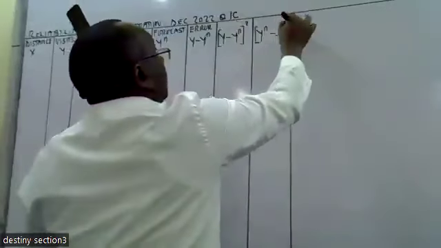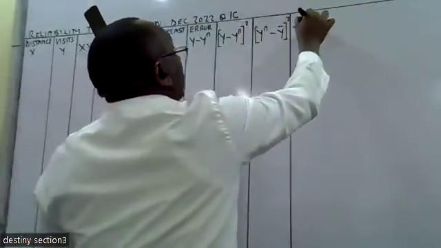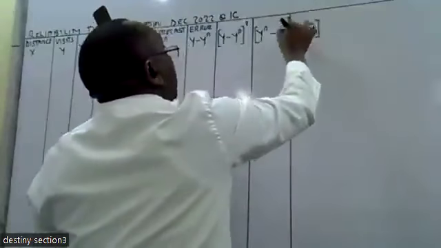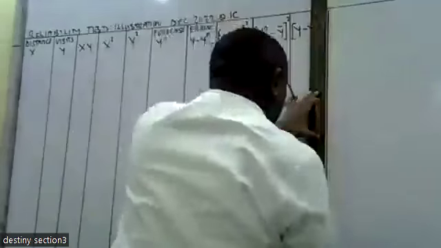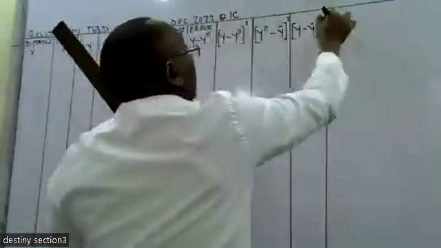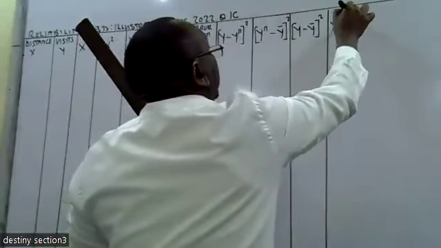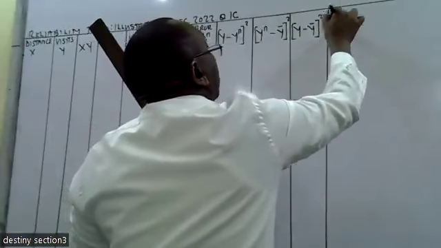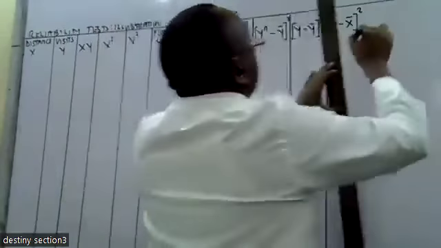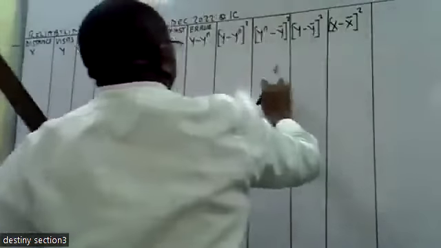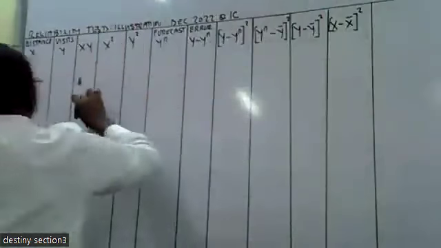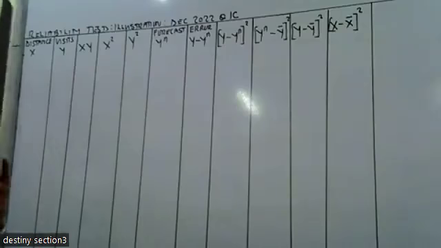A column of y minus y bar squared. Then a column of x minus x bar squared. 1, 2, 3, 4, 5, 6, 7, 8, 9, 10, 11. That is how I will have my 11 columns.